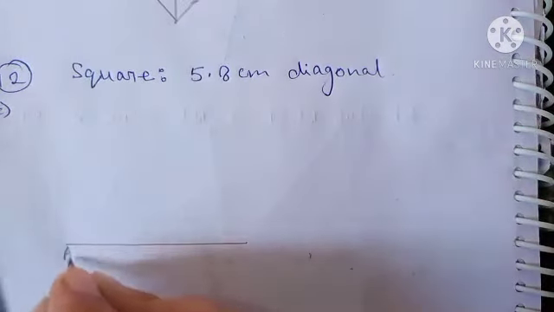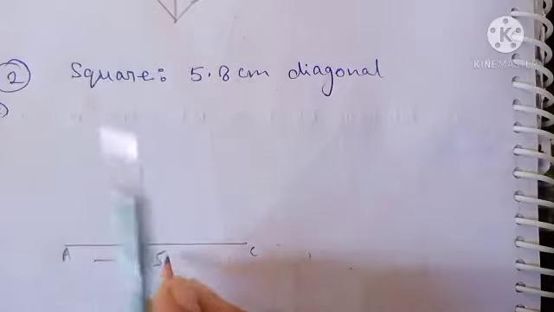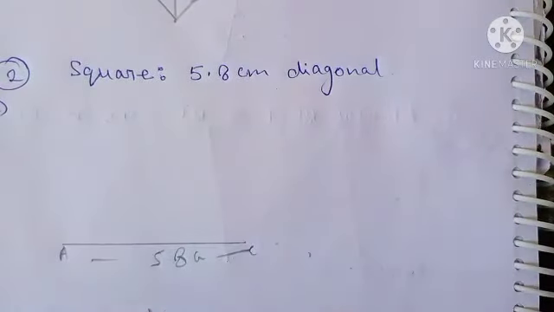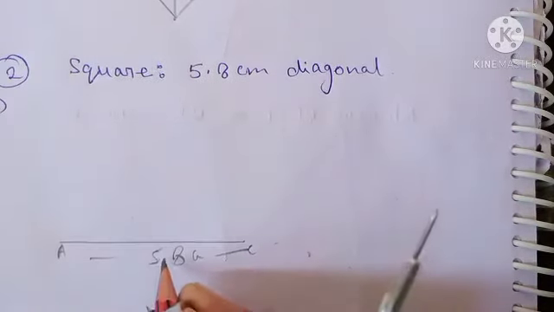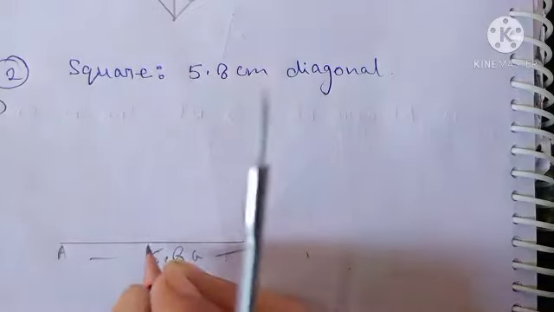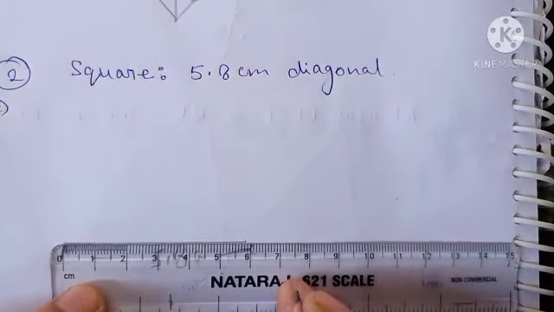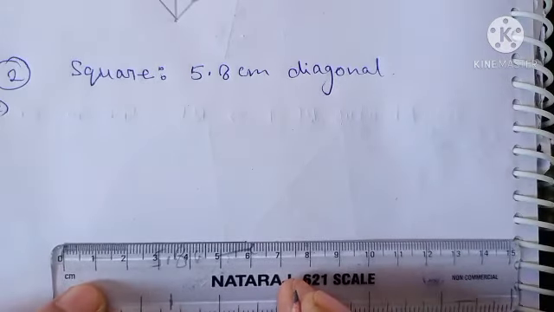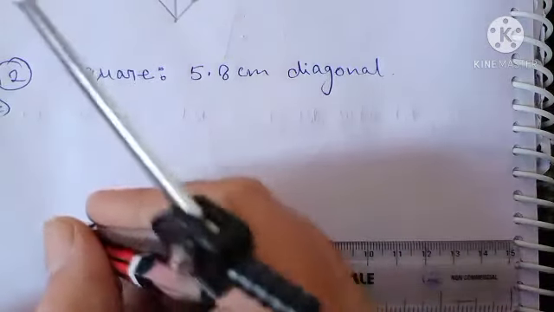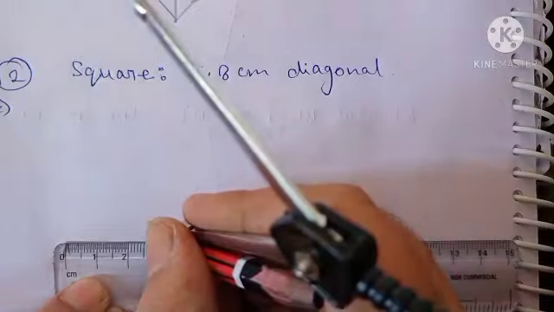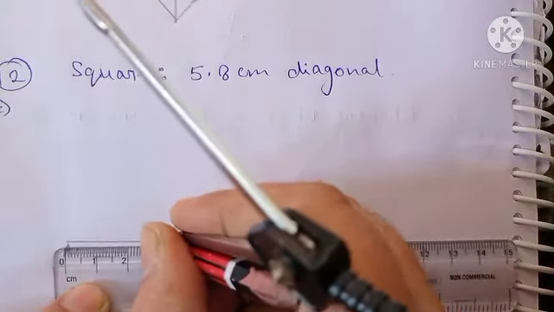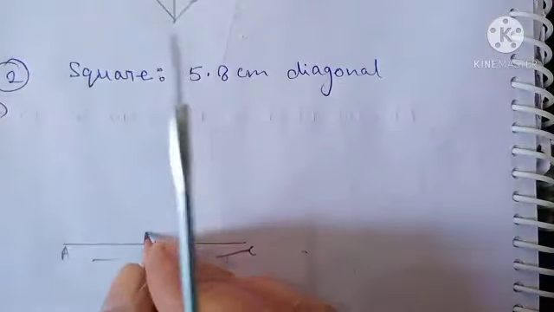It is diagonal AC 5.8 centimeter. Now you can see half of 5.8 is 2.9. So we have to cut off O here at 2.9 centimeter from either end. It is the point O.